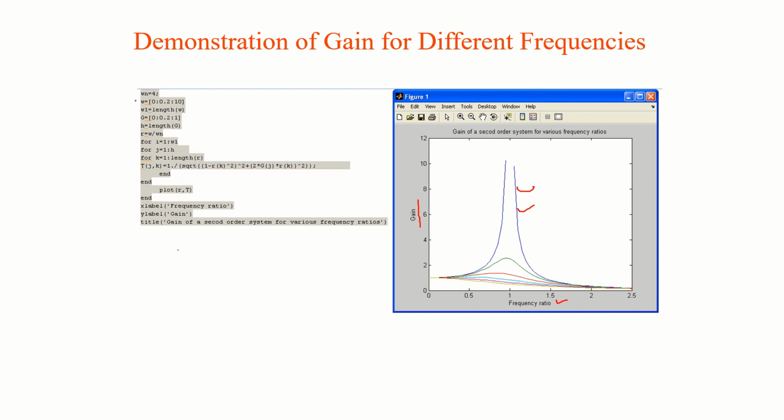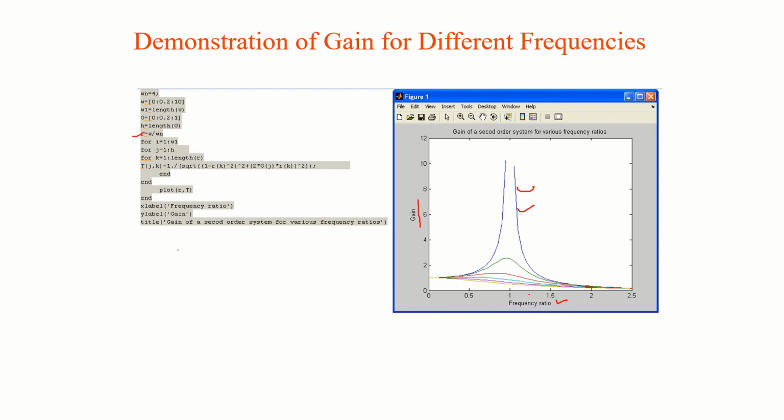So omega n I started with, omega I varied from this, damping ratio I varied, time, this thing, then using a do loop I have simulated these things, and finally I have plotted gain versus frequency ratio, correct now, and you have defined frequency ratio here.